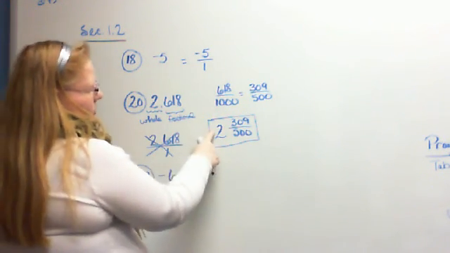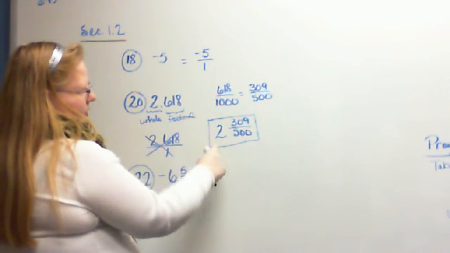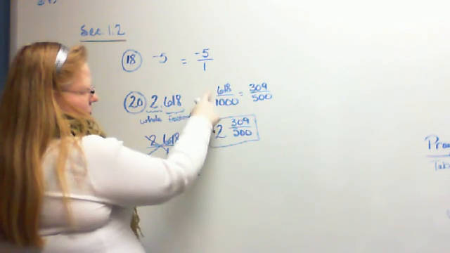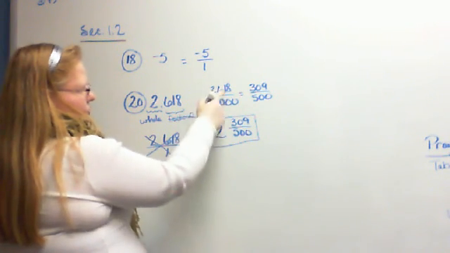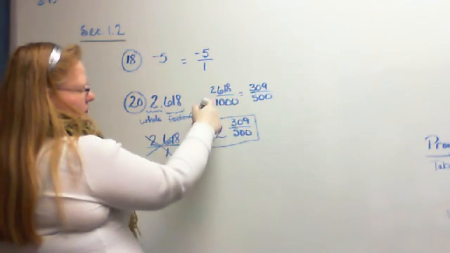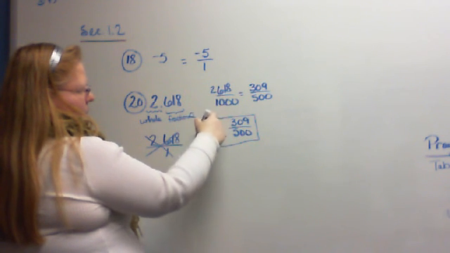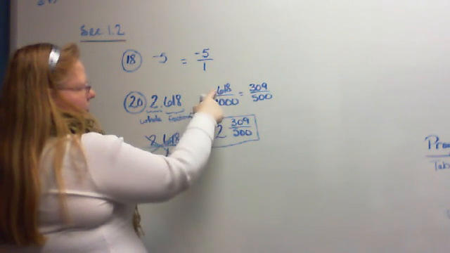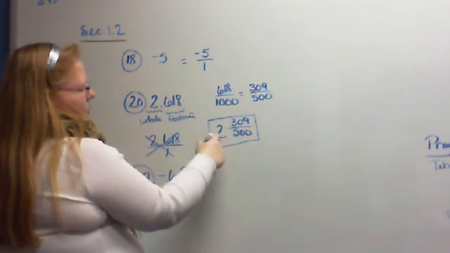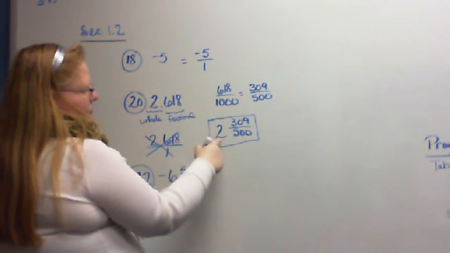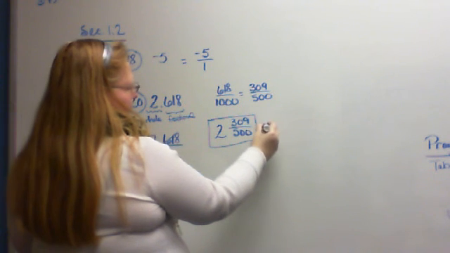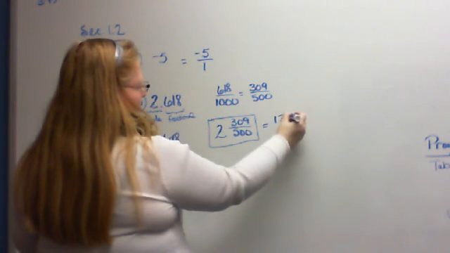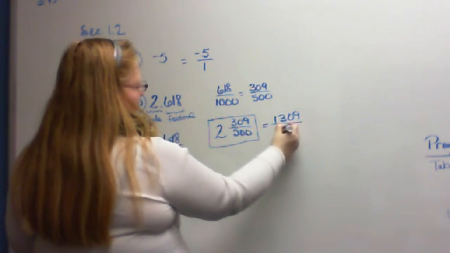So if they don't want a whole number here, I could just put the 2 in front of this up here and have 2618 over 1,000, and I've gotten it. Or here, I can multiply it out. 500 times 2 is 1,000 plus that. So that would give me 1309 over 500.